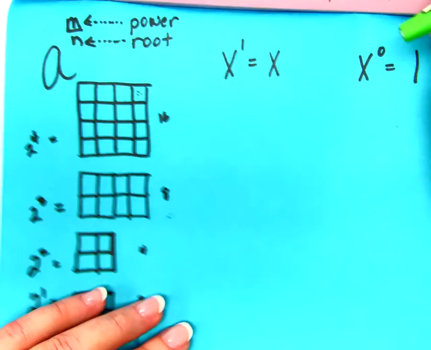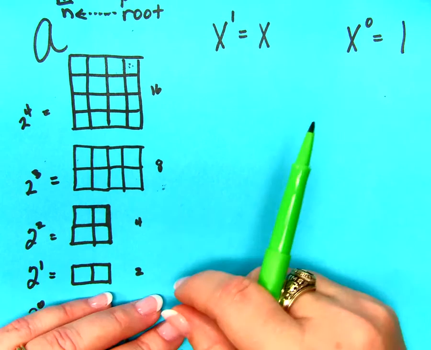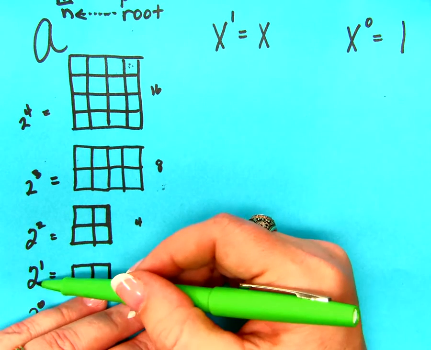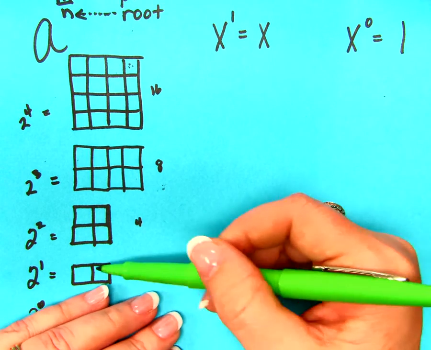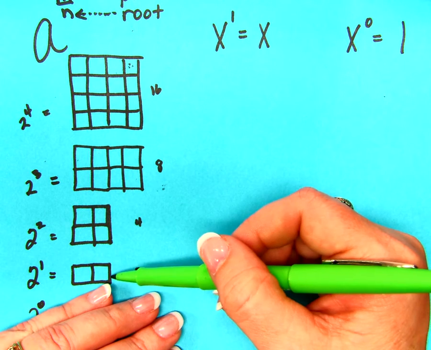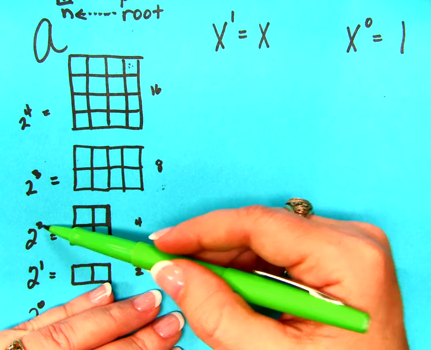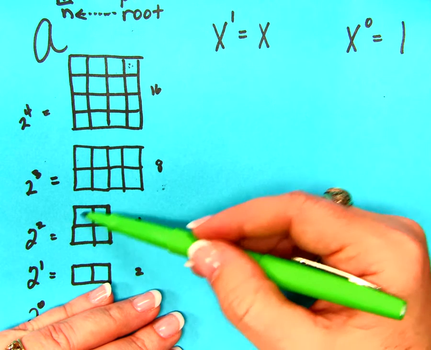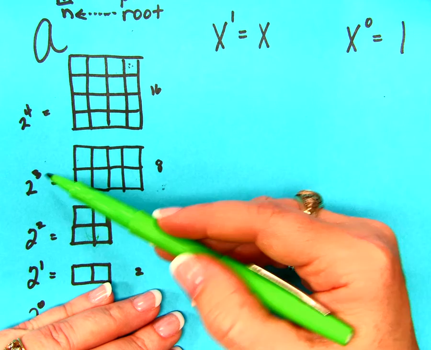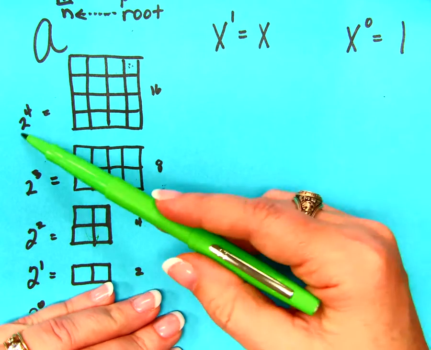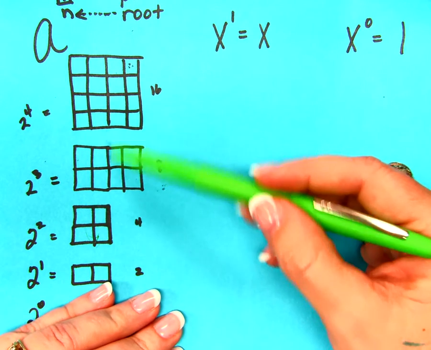Okay, so I drew you an area model to represent this problem. And you all agreed with me that 2 to the first power was 2, so I drew a rectangle that had 2 boxes in it. And you all agreed with me that 2 to the second power was 4, so I drew you an area model that represented 4. 2 to the third power was 8, and 2 to the fourth power was 16, and I drew the respective area models.